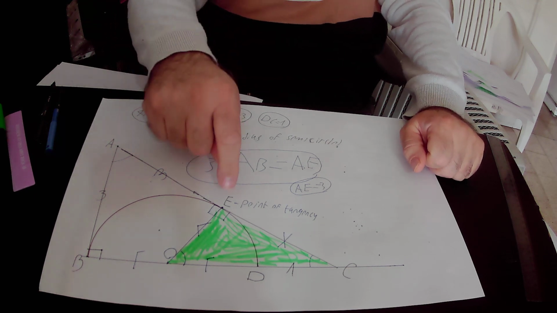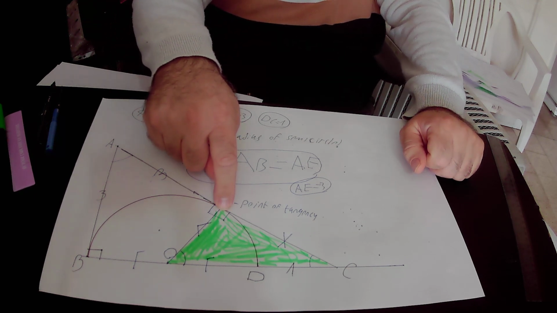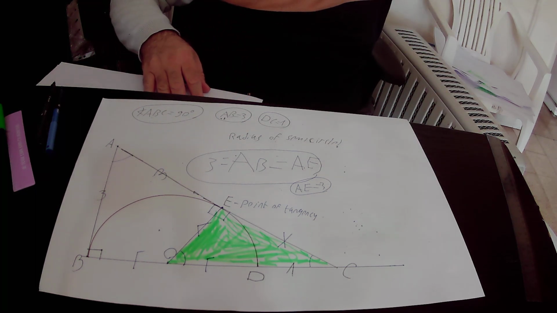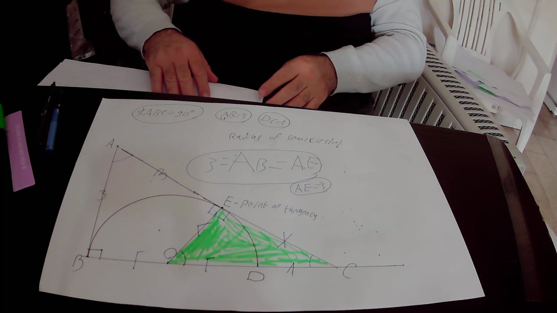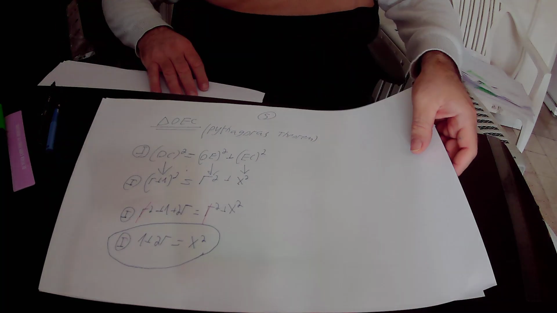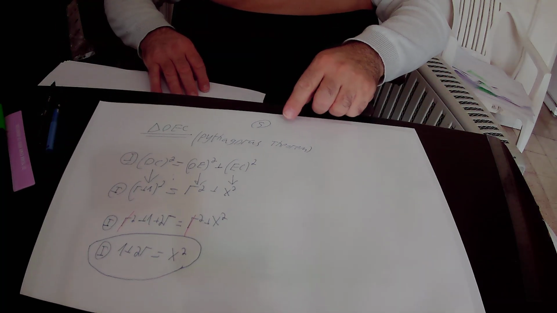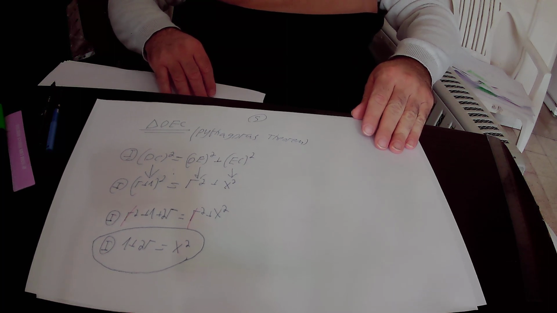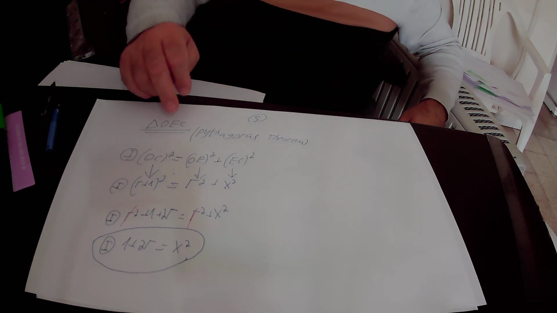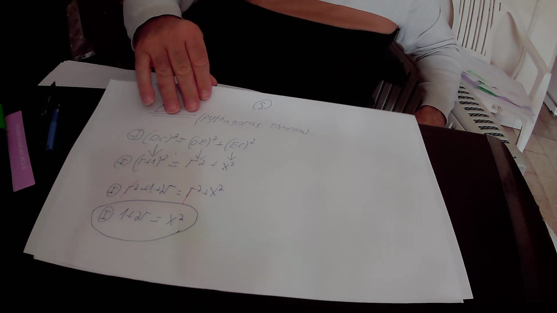Because angle OEC equals 90 degrees, the green triangle OEC is a right triangle. According to the Pythagoras theorem, in any right triangle, the square of the hypotenuse equals the sum of the squares of the perpendicular sides.